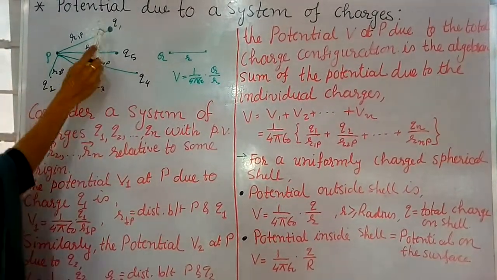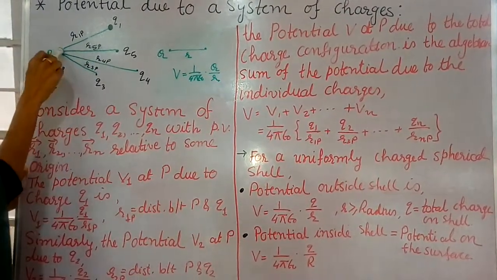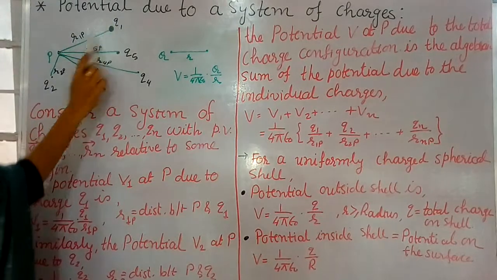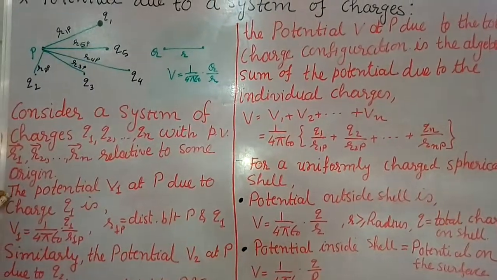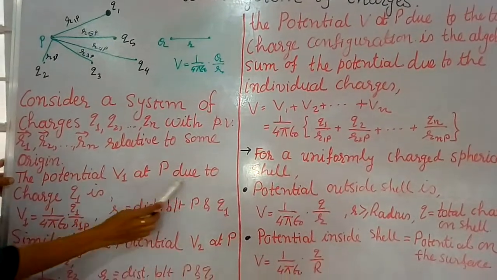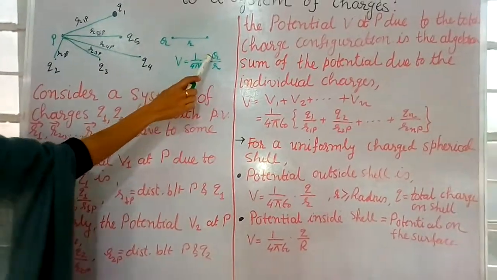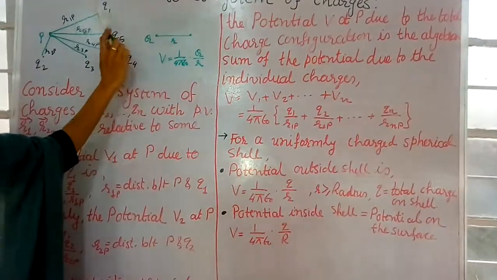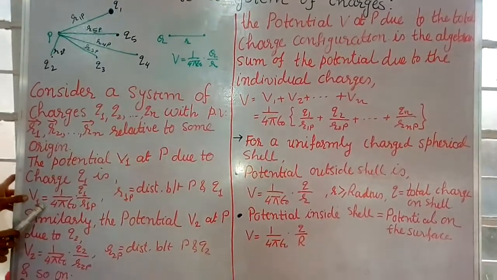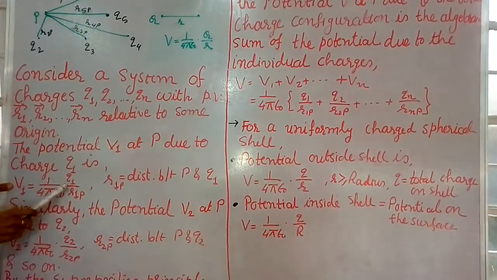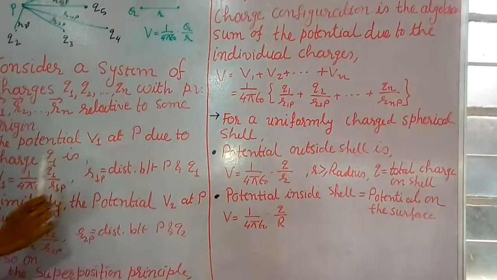Now we are going to use this formula and calculate the potential at P for individual charges. Let us calculate first for Q1. The potential V1 at P due to charge Q1, using the same formula with Q1 instead of Q and the distance between P and Q1 as R, is V1 equal to 1 by 4 pi epsilon naught Q1 by R1P, where R1P is the distance between P and Q1.